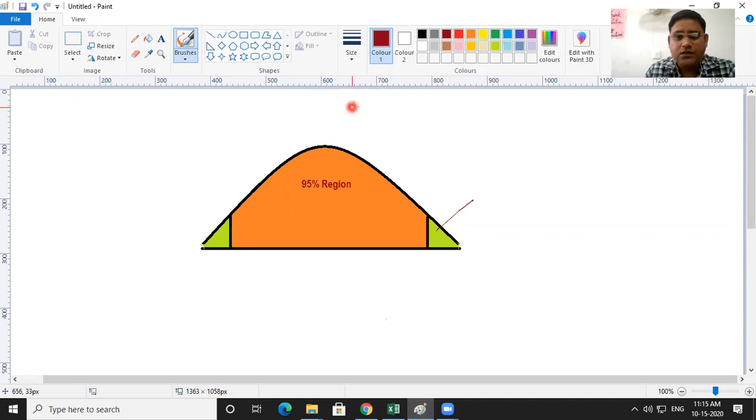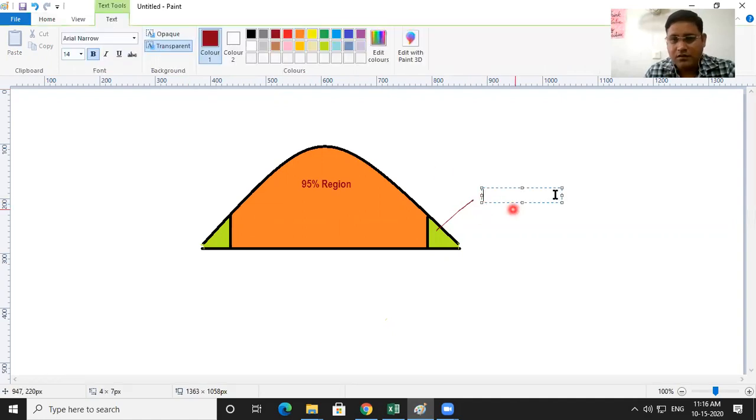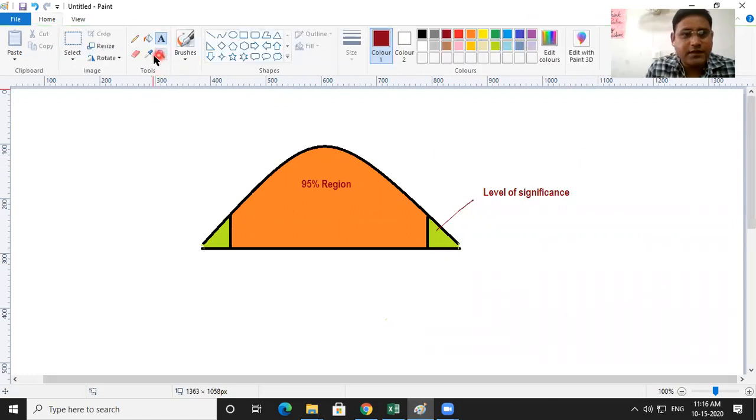Now I have taken two tail test, means we have tail both the sides, left side and right side as well. This is my level of significance, and this level of significance is denoted by a symbol that is alpha.